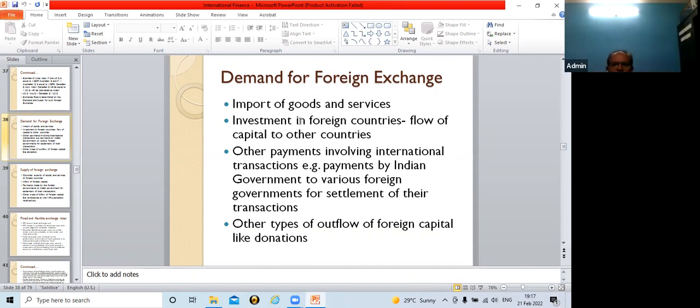In export, our currency increases, and in import, our currency decreases.